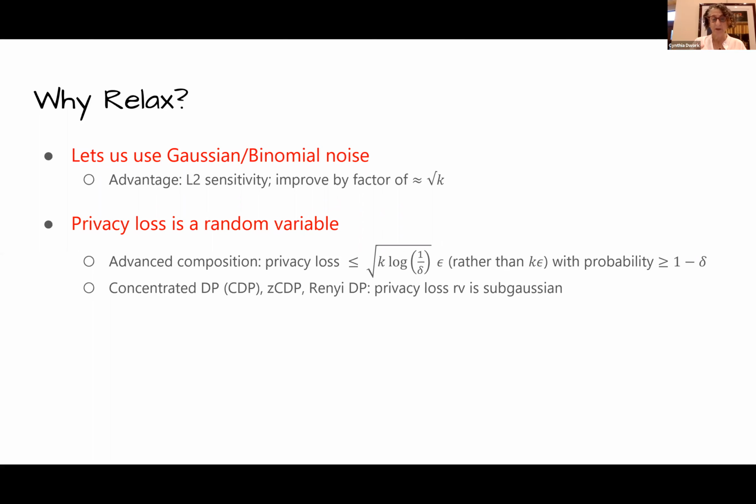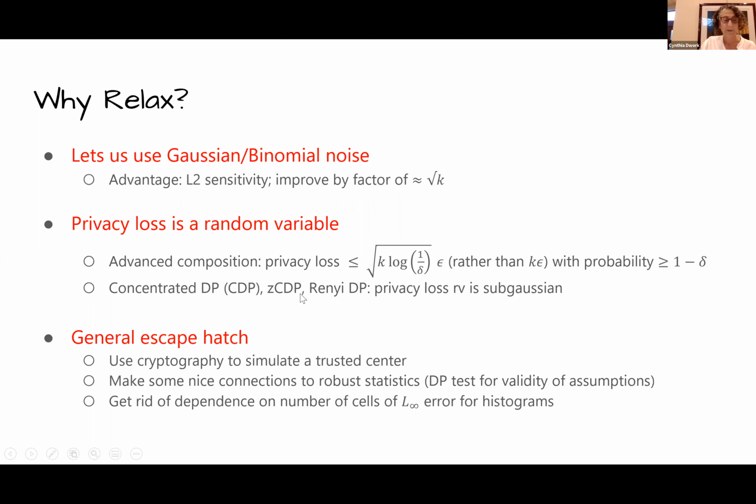And I believe that the Census Bureau will be using the zCDP of Bun and Steinke. Delta also is, as I said, a general escape hatch. It lets us, for example, use cryptography to simulate a trusted center. So delta will capture the probability that the adversary breaks the cryptosystem.